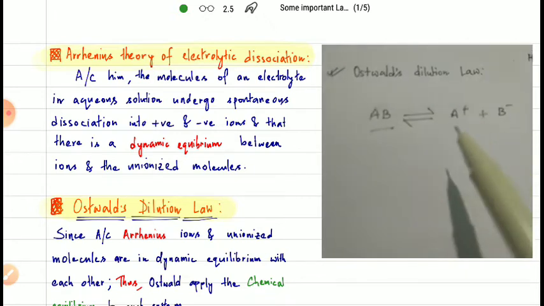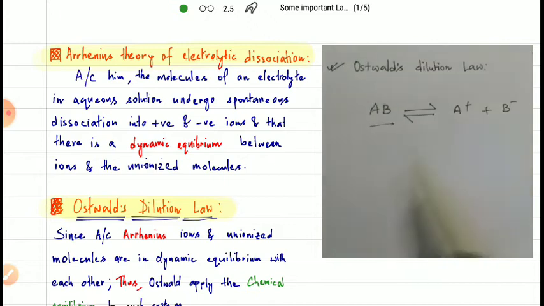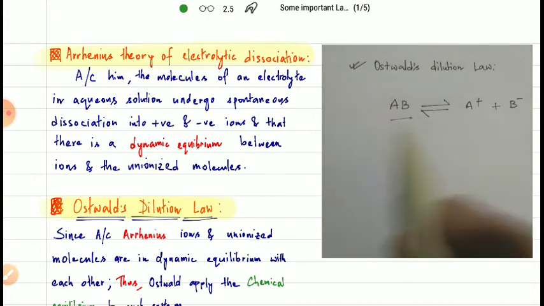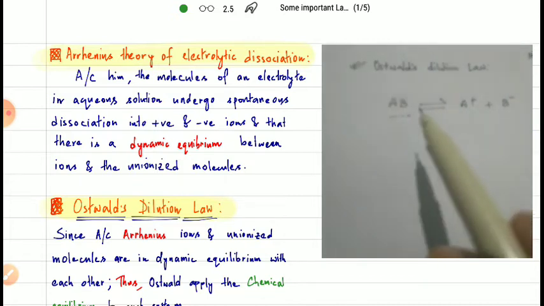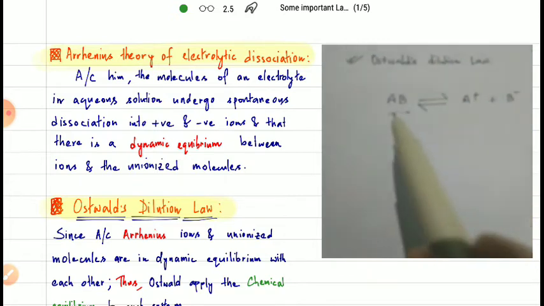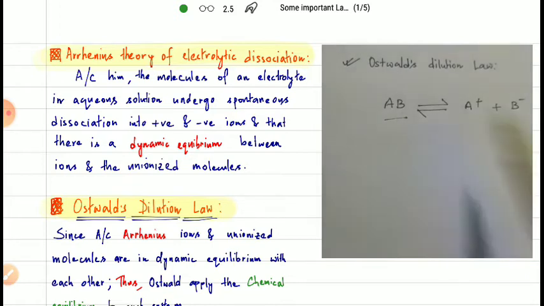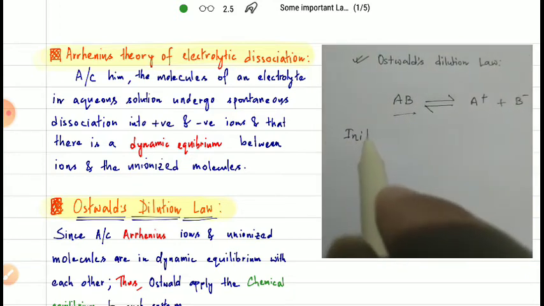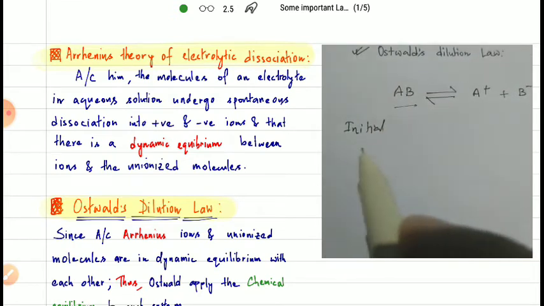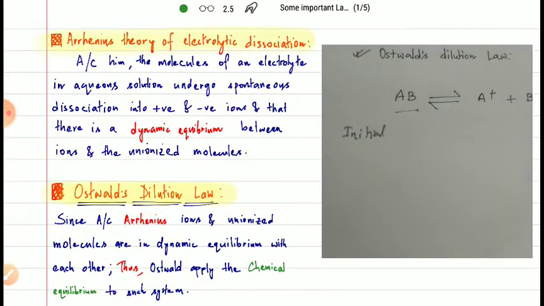Let's suppose this is your reaction, and we can use the equilibrium concept in this reaction. So suppose at initial time, we can go below.